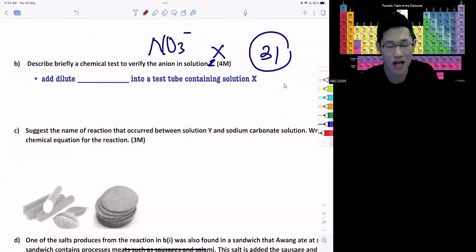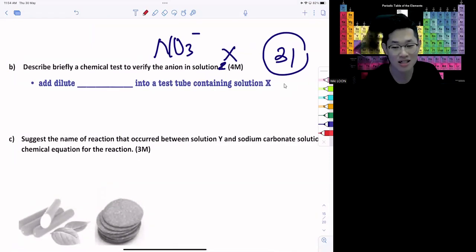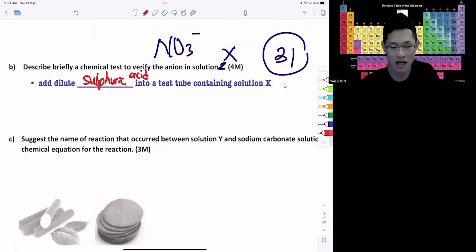Okay, here when we say add dilute, what guys? To test nitrate ion, we use sulfuric acid. So we add dilute sulfuric acid into test tube containing solution X. This procedure is actually not complete. You should actually tell how much acid to be added.